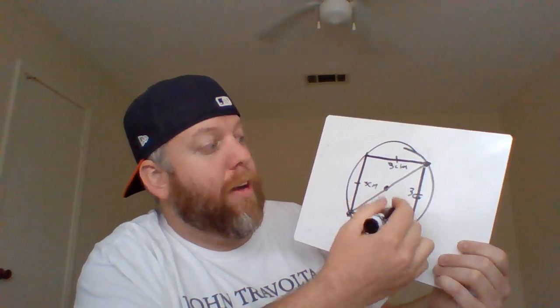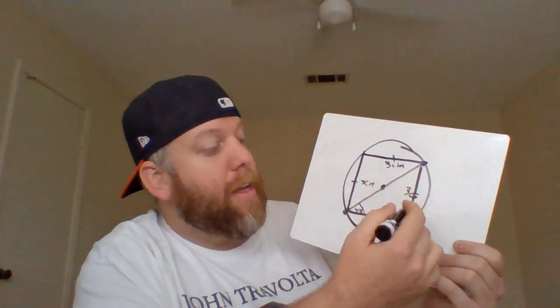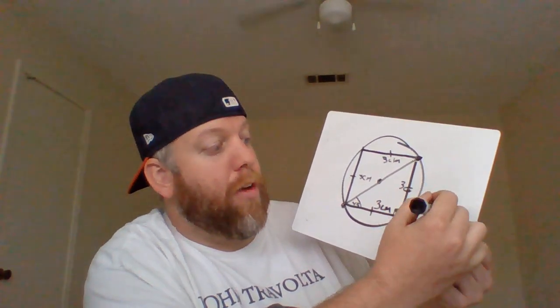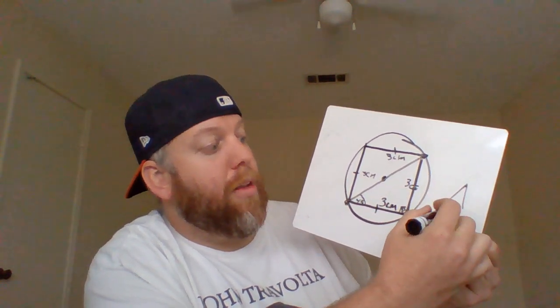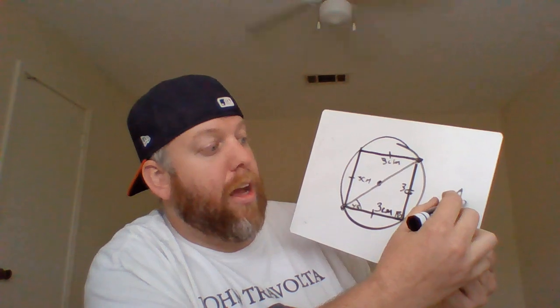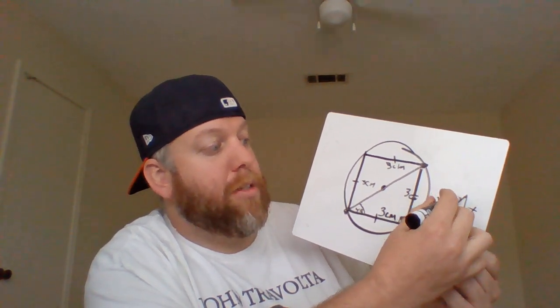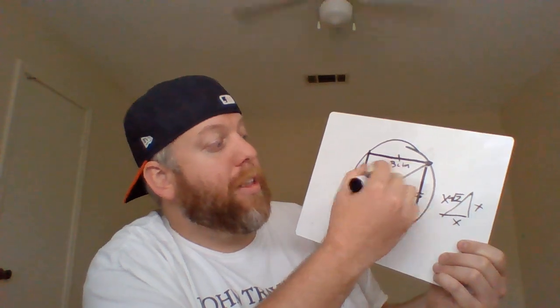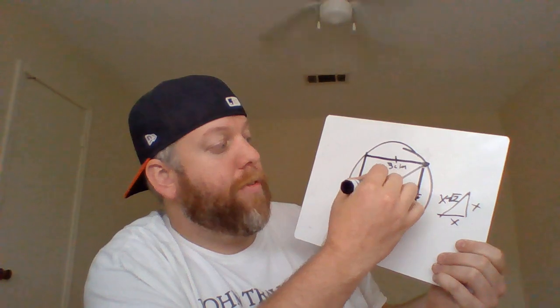What do we know about 45, 45, 90 triangles? If we have a 45, 45, 90 triangle, we know that the outside side is x, and the hypotenuse is x times the square root of 2. So we know that this diameter is 3 times the square root of 2, because that's the outside edge times the square root of 2.